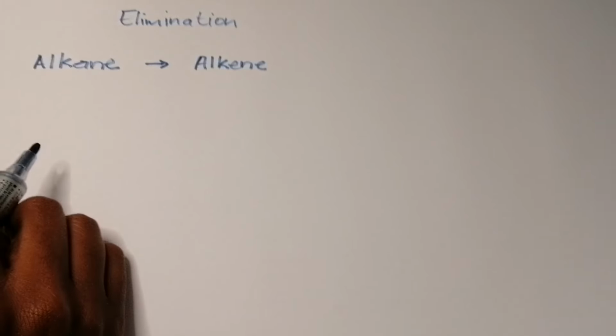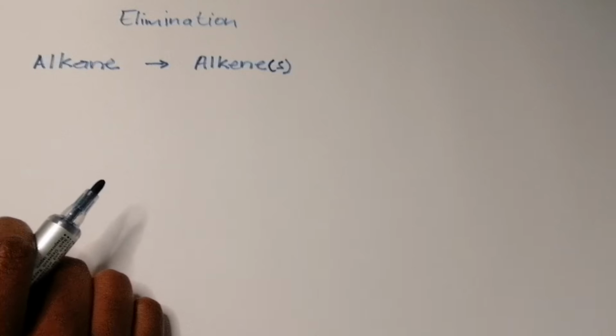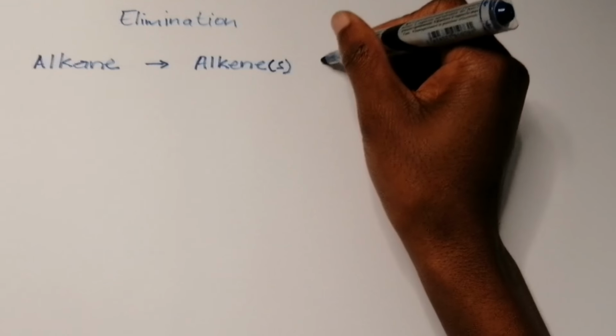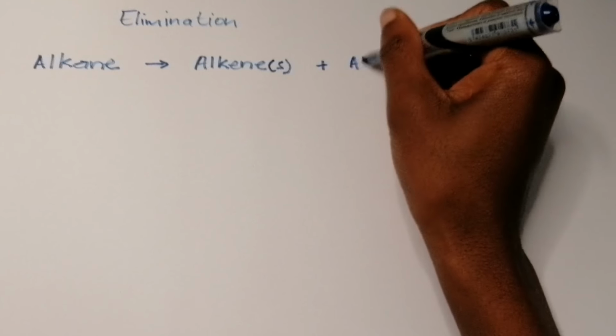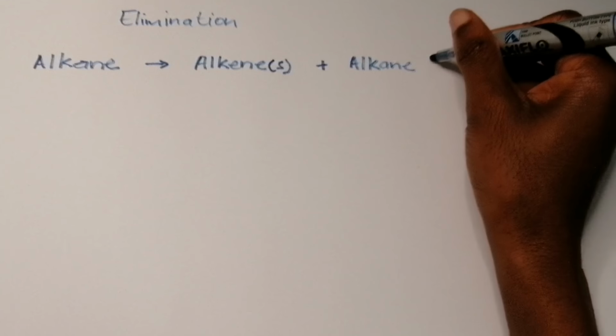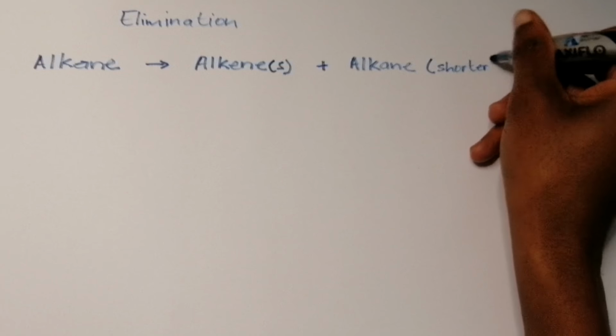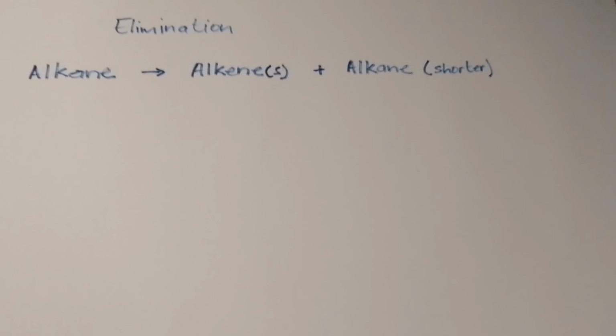You've eliminated something, or sometimes it can be more than one, so it could be alkenes, plus another alkane, usually something with a shorter chain. That's what happens in your elimination reaction.